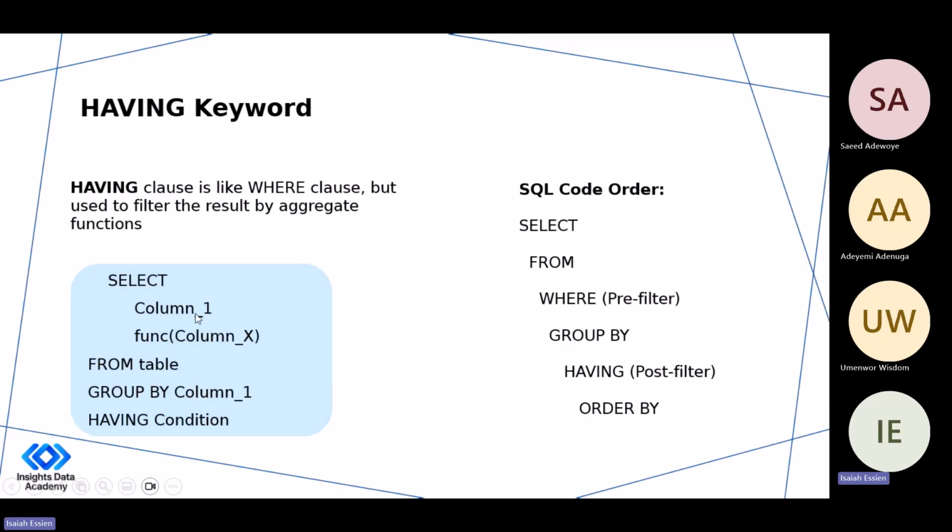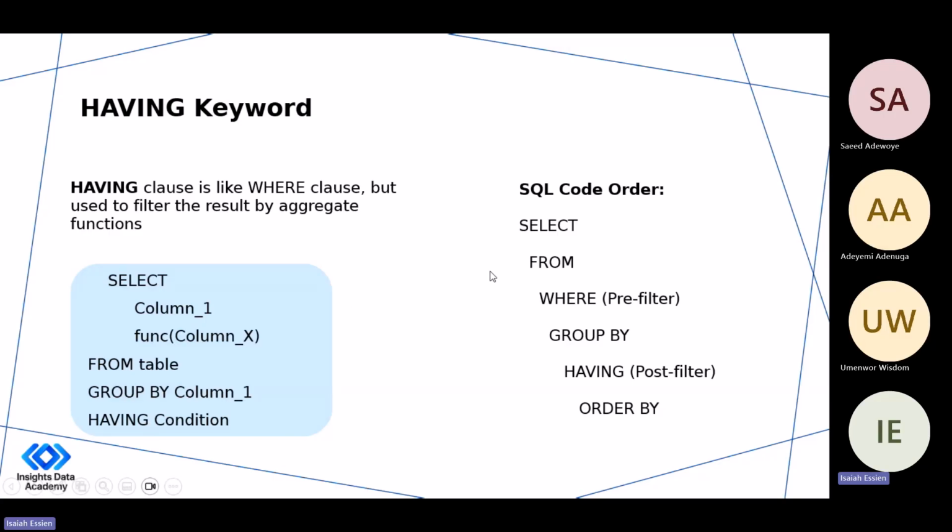Now, remember that when you have a column and a function, you have to use the GROUP BY clause, and you group by the particular column of interest, which in this case is column 1. Now, this is where HAVING comes in. You write a HAVING condition based on this function. You are not filtering based on this column, but you want to filter based on this function, then you use HAVING.